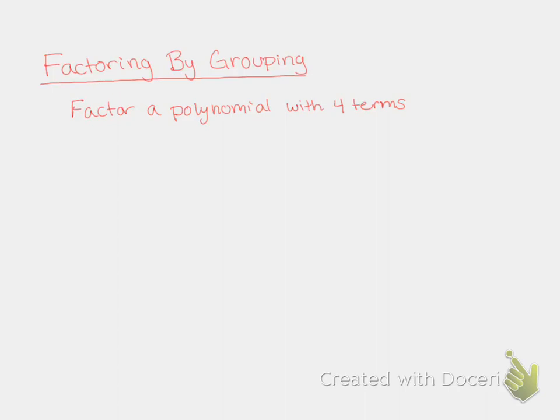Okay, so the steps to factoring, the first thing you're going to do is you're going to get the expression in standard form. Now, what do I mean by standard form?